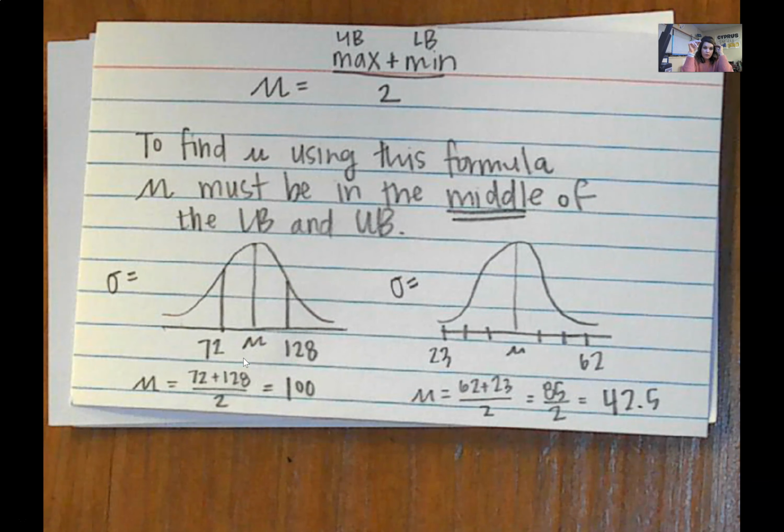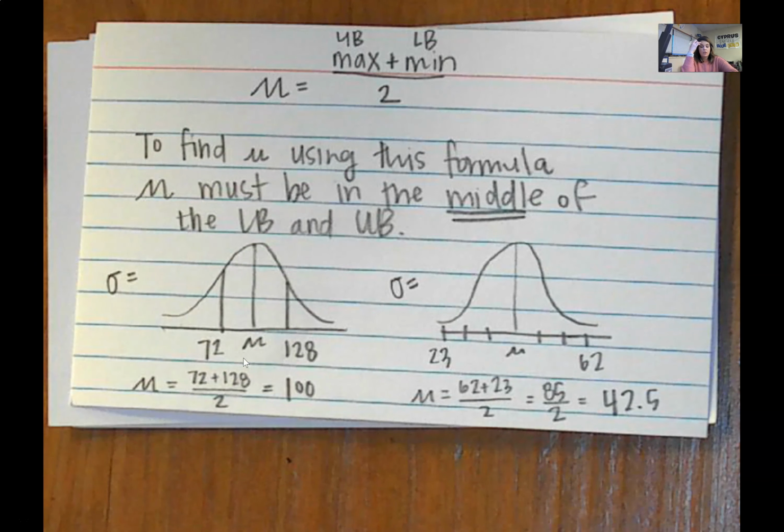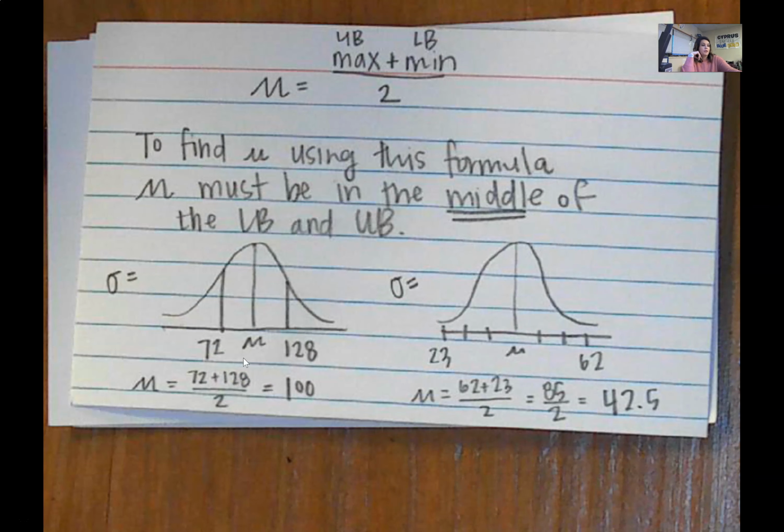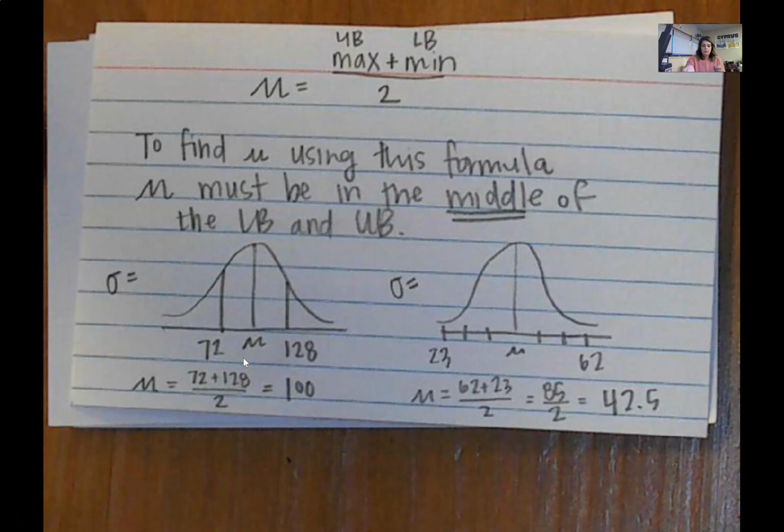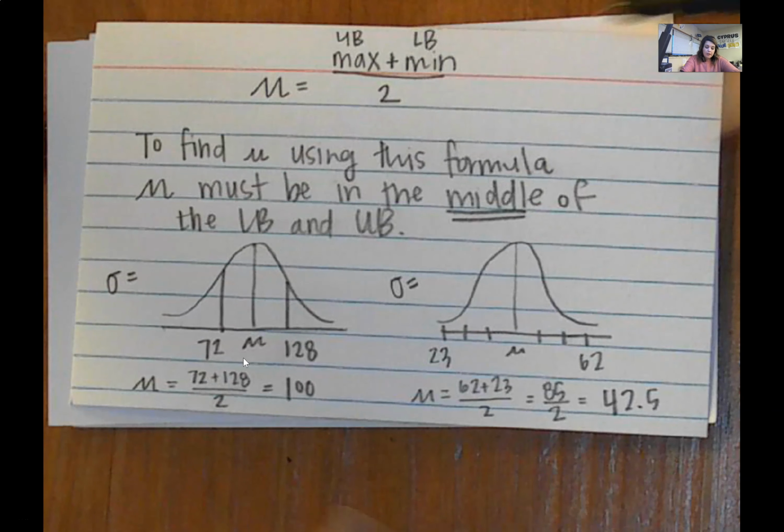I have two examples, but one thing I think you should do now is figure out what sigma is for each of these. So pause and see if you can use this information to figure out sigma. Okay, sigma for the left-hand one is 28.